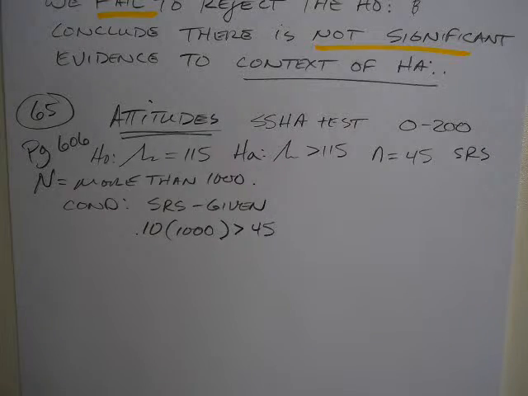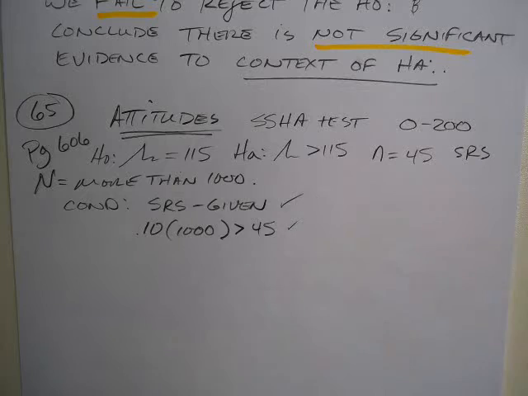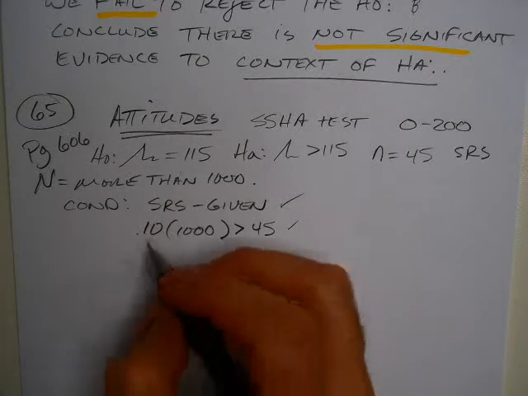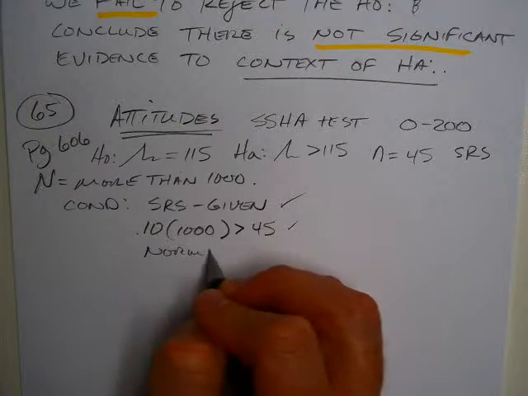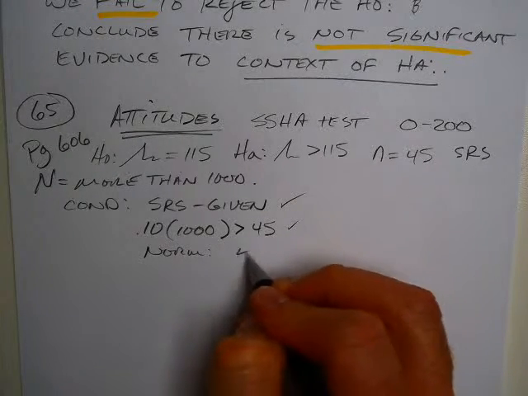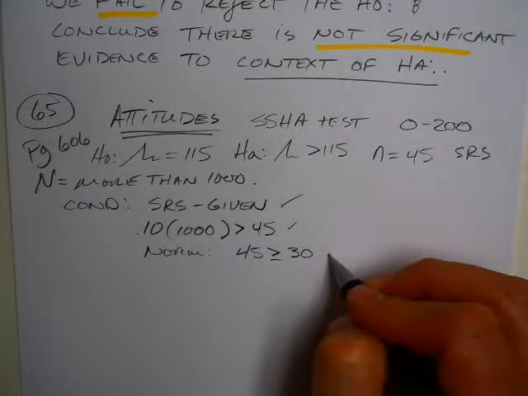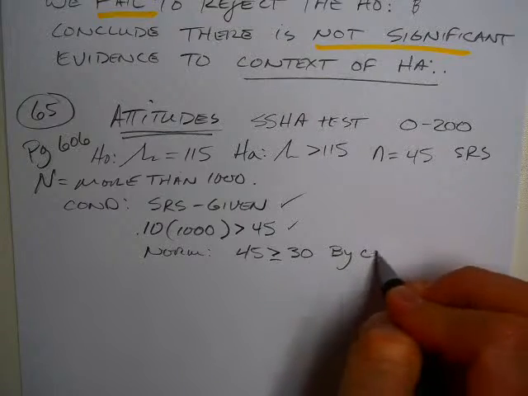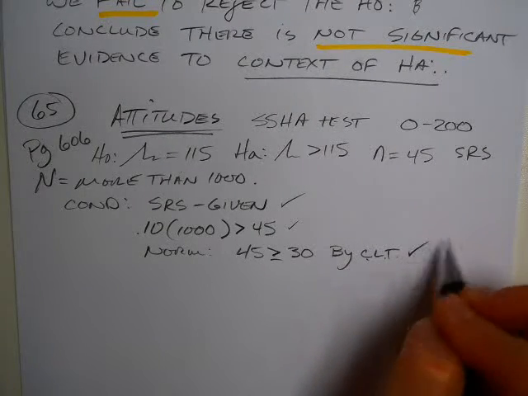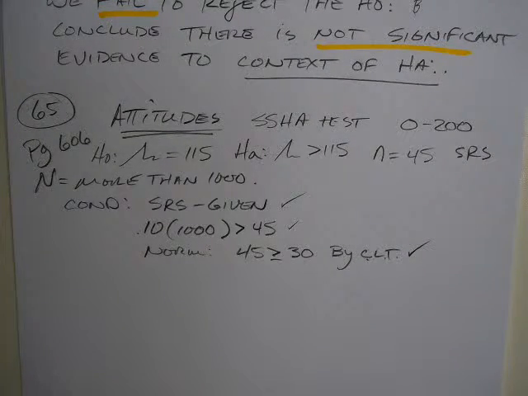So our 10% rule is met. And let's see, is it normal? Yep, because 45 is greater than 30, so it's normal by the CLT. So our conditions are met. And that's as far as 65 actually asks you to go.